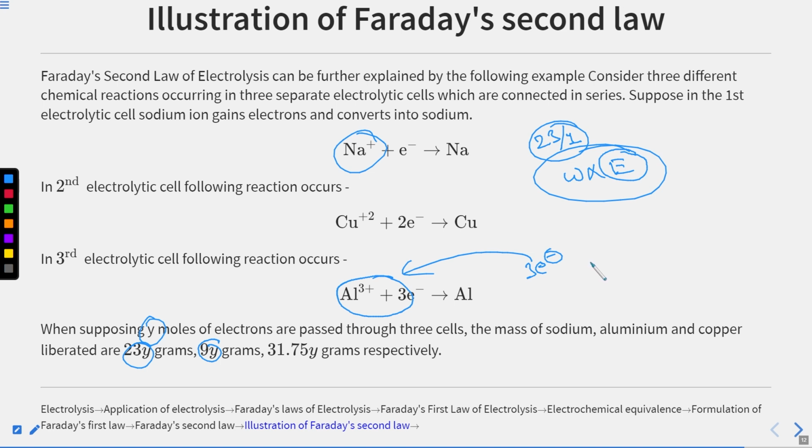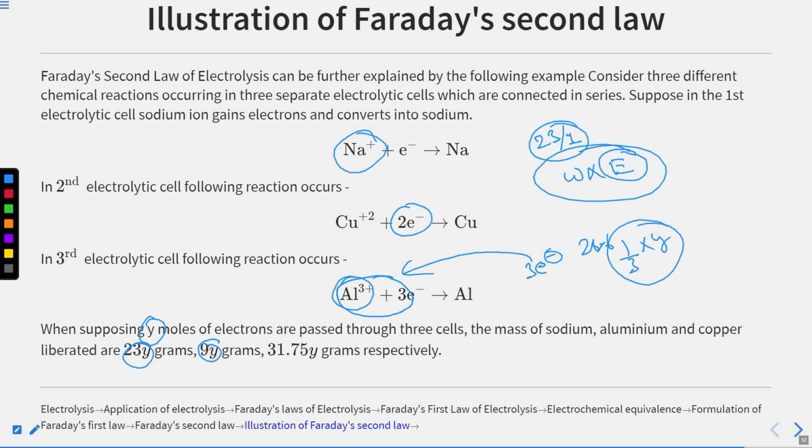So y will give 1 by 3 into y. Okay, is this clear? 1 by 3 into y. And what is the aluminium weight? The aluminium weight is approximately 26 point something. So you will calculate it and you will get that it is also giving the same equivalent. We are just dividing it by the number of electrons. So this is our Faraday's second law.